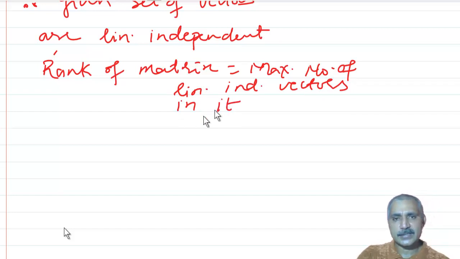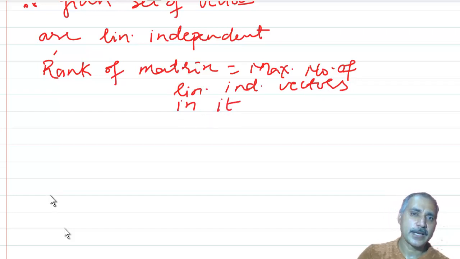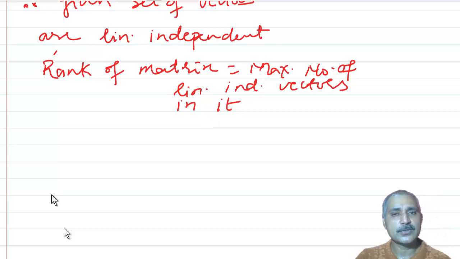So we had 3 vectors and the rank is also 3. That means it is going to be linearly independent.